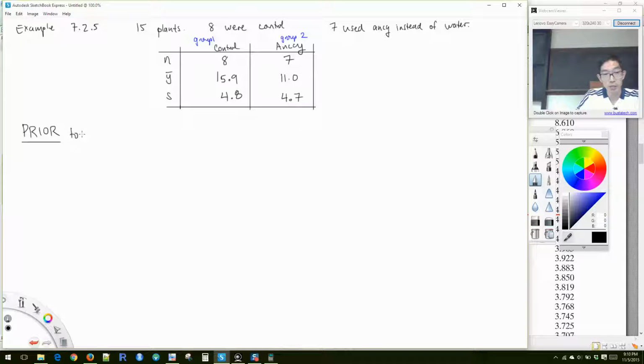Prior to collecting data, researchers wanted to know, does ANSI reduce plant height?